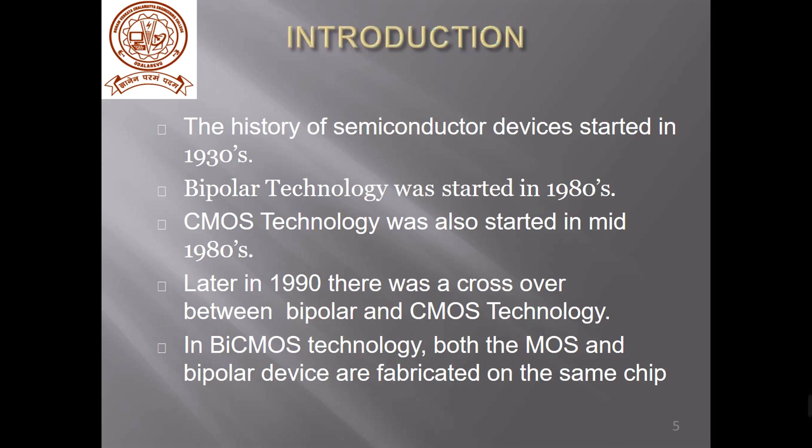In Bi-CMOS technology, both MOS and bipolar devices are fabricated on the same chip. That means previously we had bipolar transistors (BJTs) and MOS transistors like the NMOS transistor, PMOS transistor as well as the CMOS transistor, each one having its own features. Now the combined features of the bipolar transistor as well as the CMOS transistor should be available in Bi-CMOS transistor technology, where we can combine MOS transistors as well as bipolar transistors.